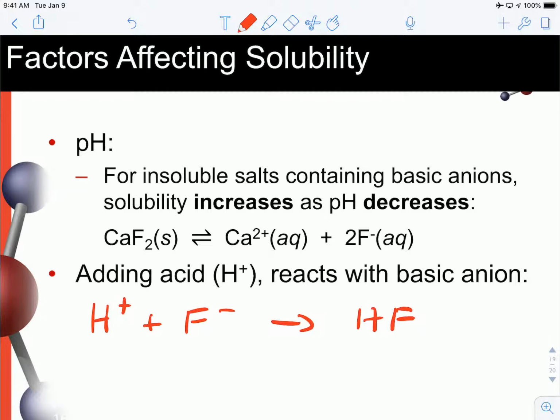So as F- is consumed, the solubility of this salt increases. So effectively, the solubility increases as the pH decreases.